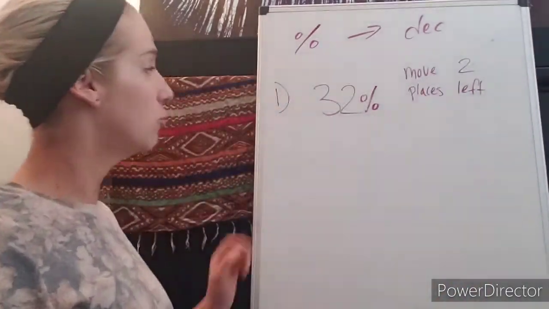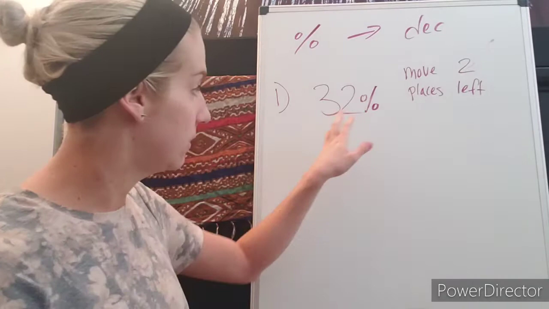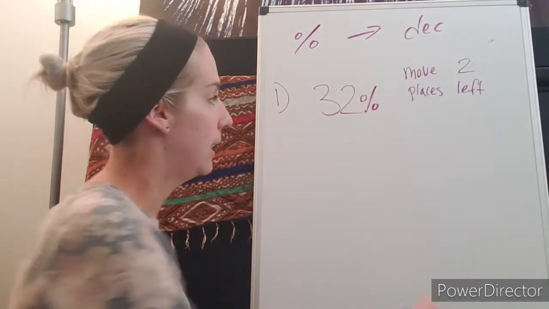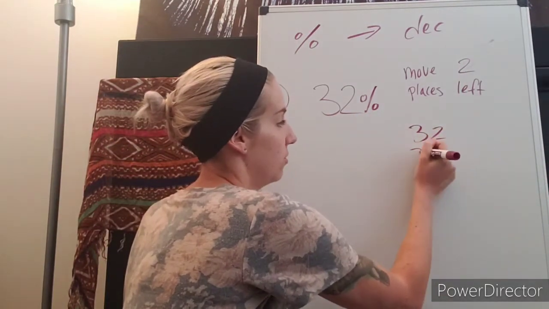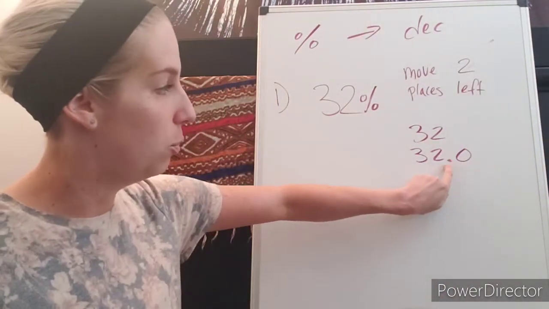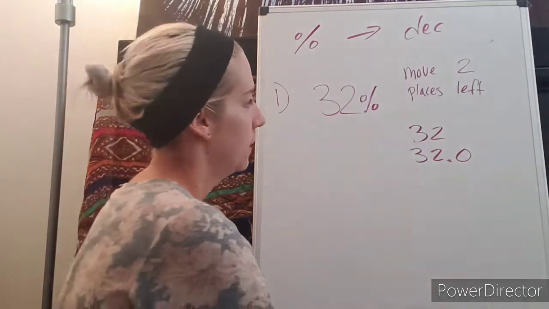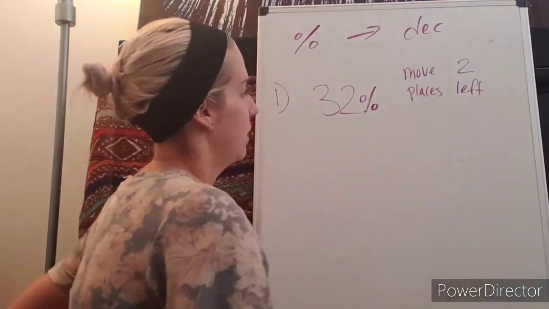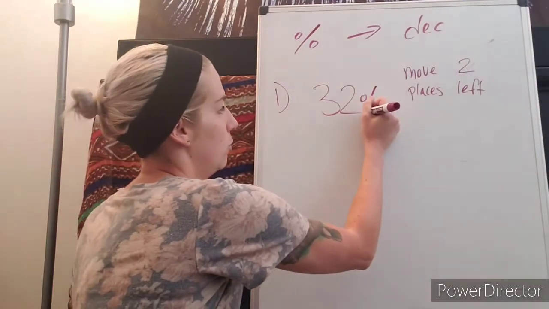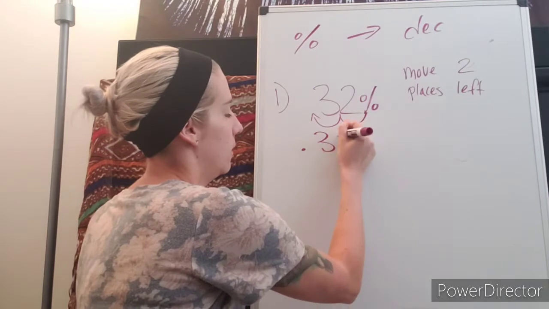Okay? So in this case, 32%. Anytime I have a regular number like this, I have an imaginary decimal, right? Like 32 is the same thing as 32.0. We just don't put the 0.0 on the end of our regular numbers because we don't need to, right? So my imaginary decimal is at the end of this number. I just move it 2 places to the left, giving me 0.32.